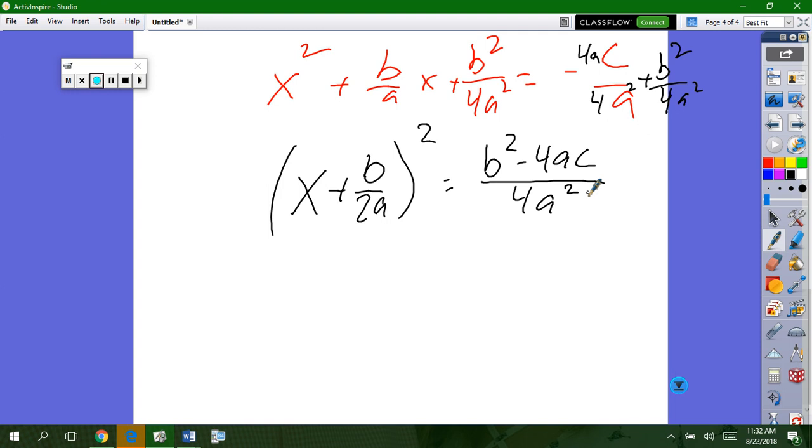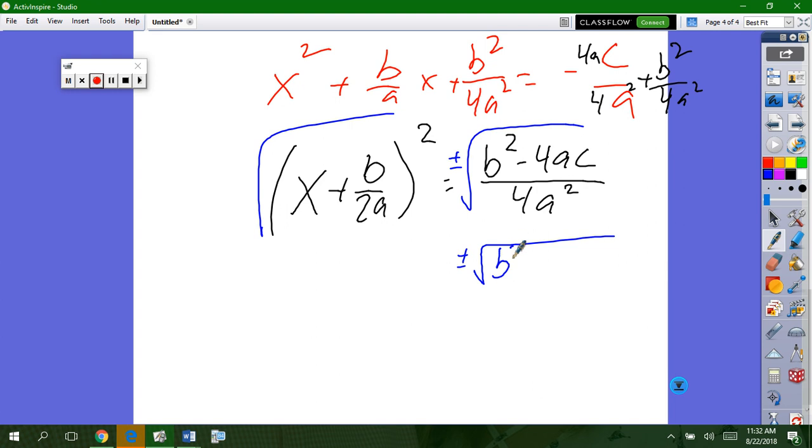How do I get rid of the squared? Square root it. Anytime you take a square root, you've got to remember the plus or minus. A lot of people forget the plus or minus. The square root of that stuff is still the square root of that stuff. But the bottom becomes what?